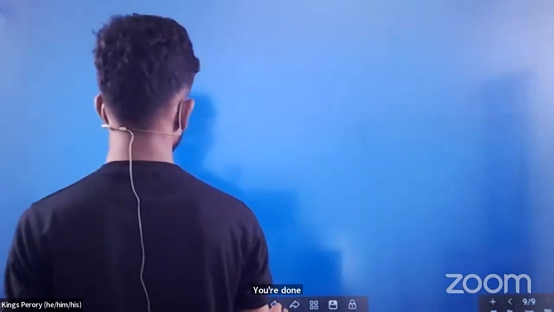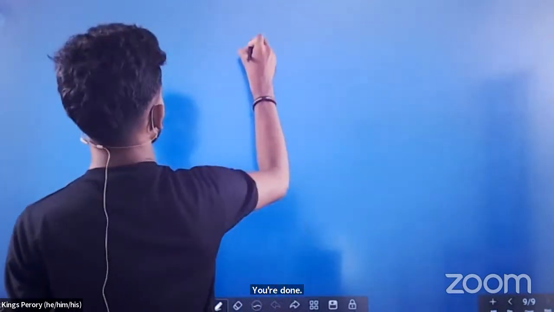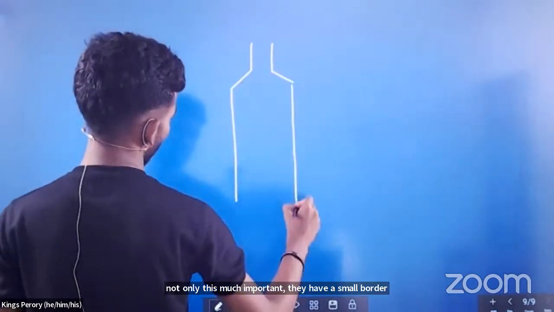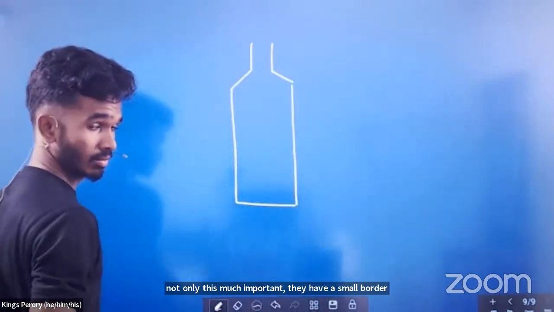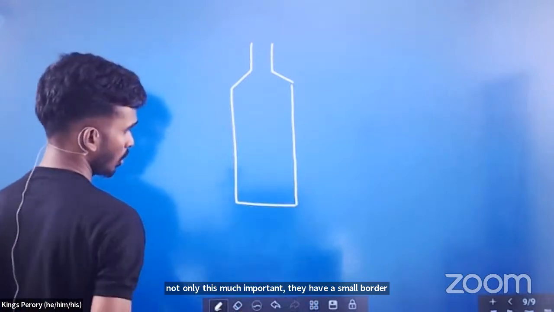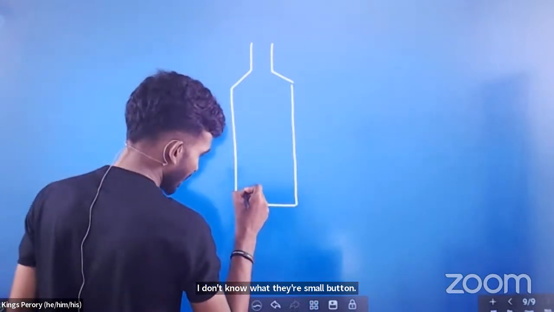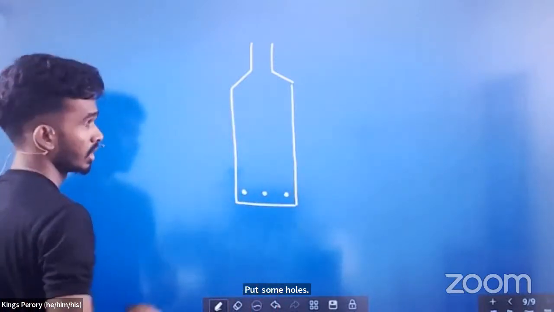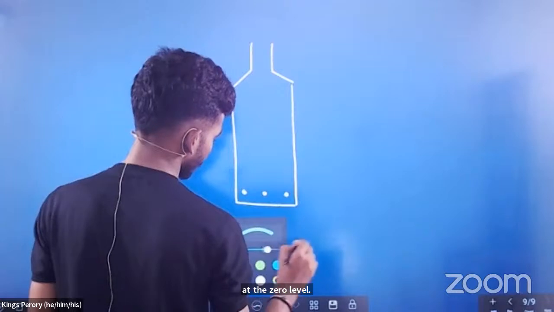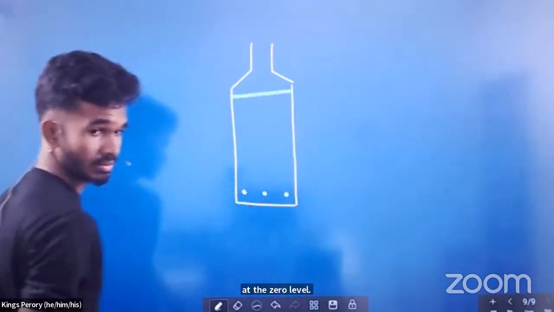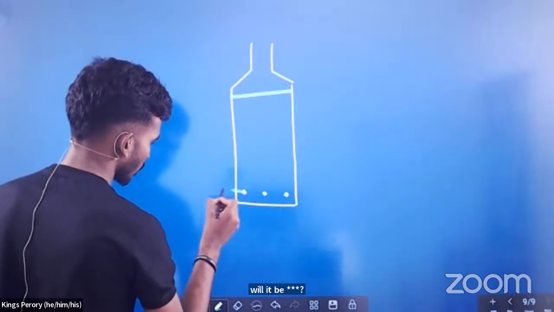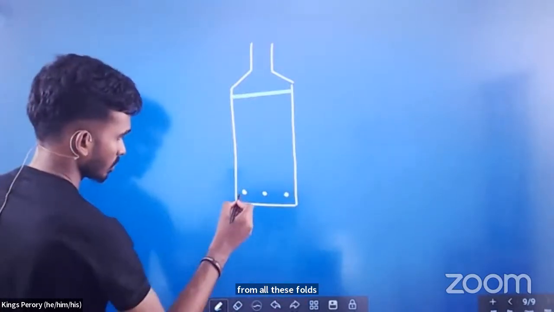Normally this much big bottle. Put some holes at the same level. Fill it with water. From all these holes, water will come out.